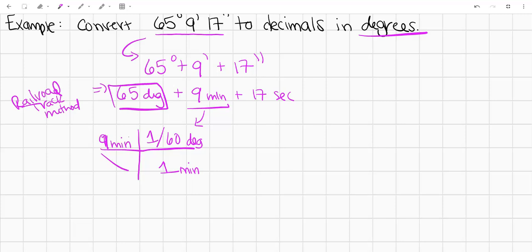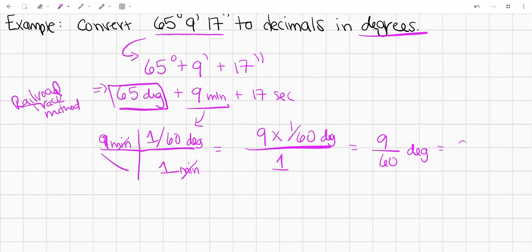So notice that my minutes will cancel out, and I'm left with degrees as my only units, which is what I wanted. So I can rewrite this as 9 times 1/60 degrees divided by 1. And if you know basic fractions, 9 times 1/60 is the same thing as 9/60 degrees.